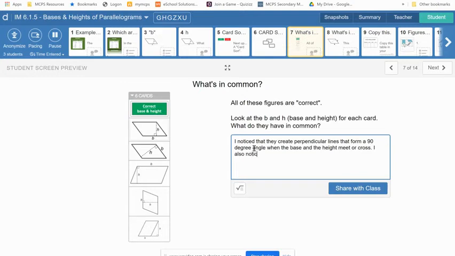I also noticed that height was represented with a dashed line.